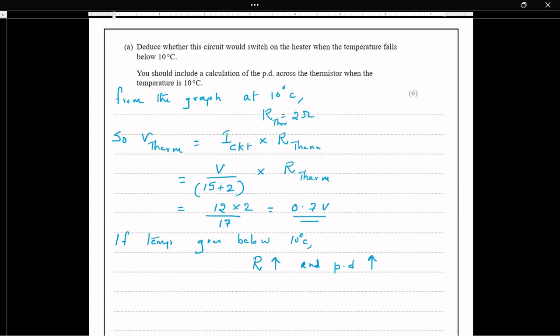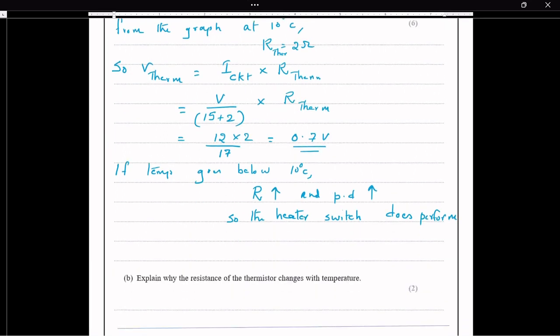So the heater switch can perform as required.